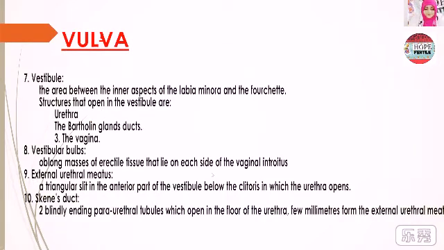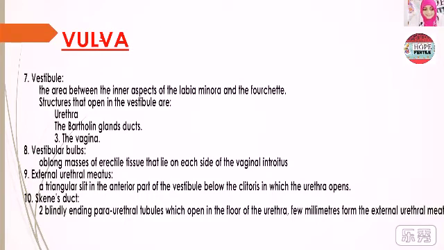Then the vulva. It also has the vestibule, the area between the inner aspects of labia minora and the fourchette. Structures that open in the vestibule are the urethra, Bartholin glands, and vagina. Vestibular bulbs, these are long masses of erectile tissue that lie on each side of the vaginal introitus.